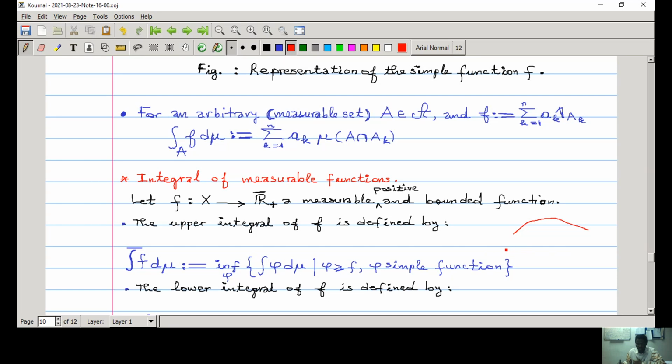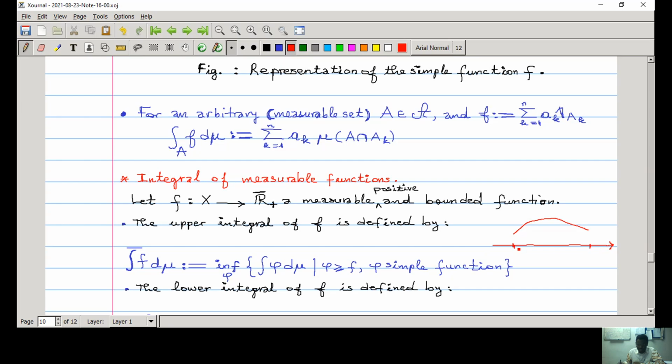Let's say that here this is R. We don't proceed as we do with the Riemann integral, where if you integrate from A to B, you take that interval AB and then you partition. No, we don't do that.